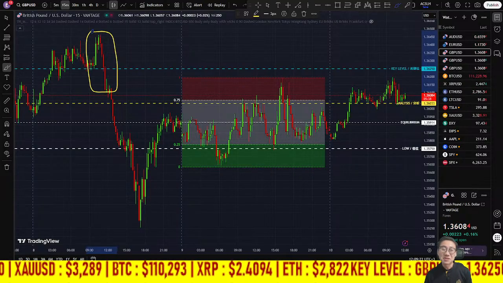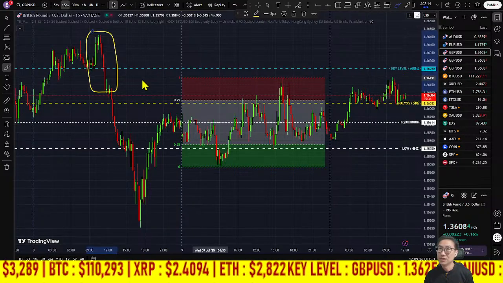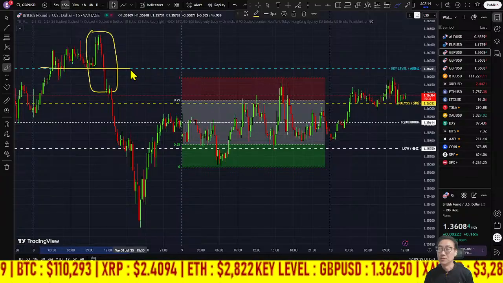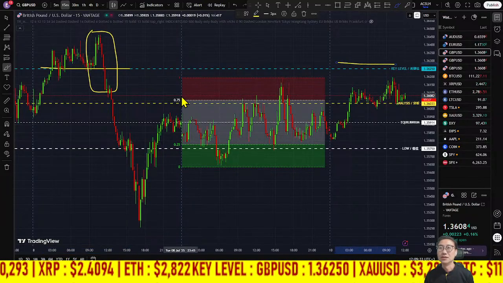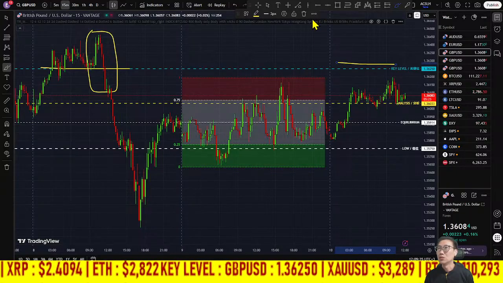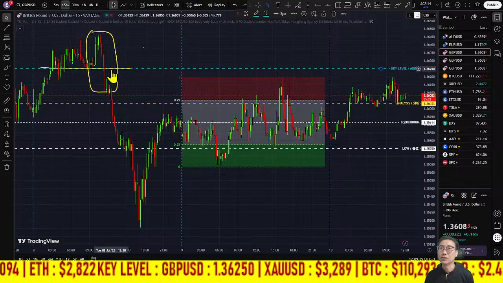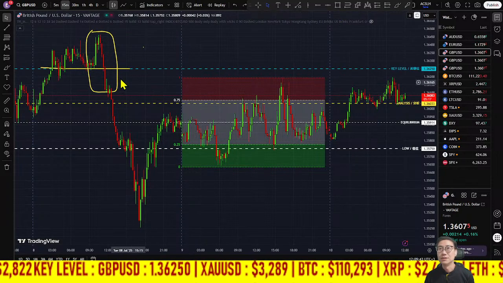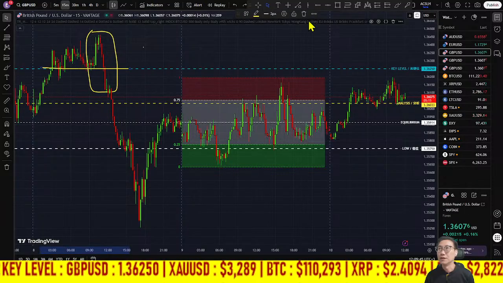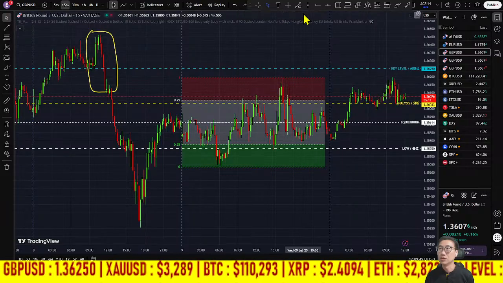Well, seems like it's the challenge. Why am I taking these key levels here? It's because the support over here eventually became a resistance here, correct? Then we can see that there are quite a few of them, a few areas that we should be looking out for.